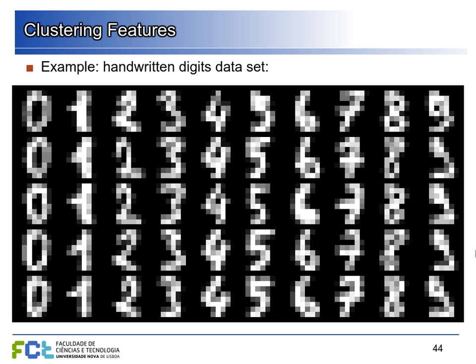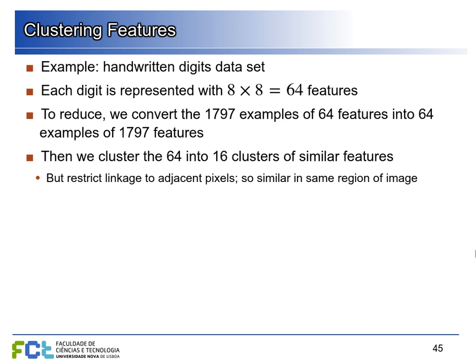The second one will be, for the second pixel, all the values in our database, and so forth. So basically, we can transpose this matrix into 64 rows corresponding to the pixels, and 1,797 columns corresponding to the different images of the handwritten digits.